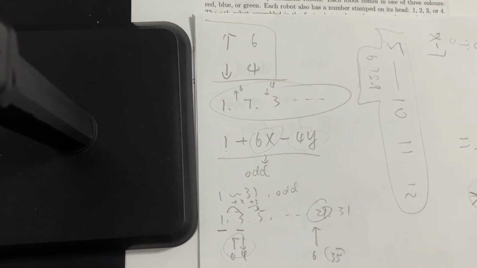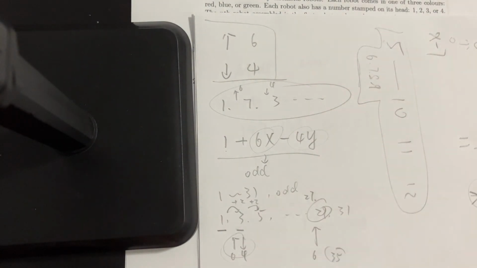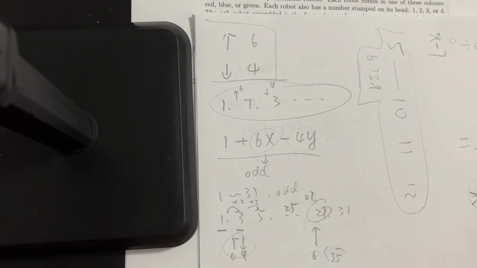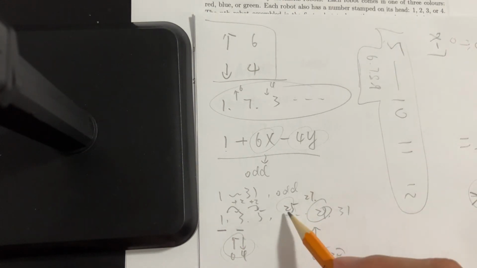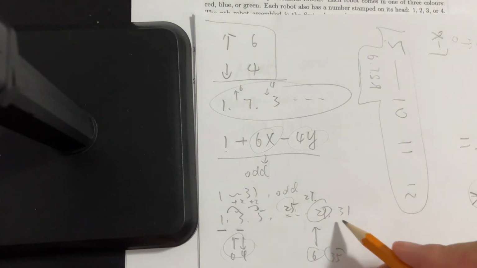But what if I still would like to go up? Say I am at 27, I can't do this because 27 plus 6 is already over 31 as well. And what if I'm at 25? This time it is okay. So I keep using this method and I reach 25, and then I do plus 6 one last time and I reach 31.